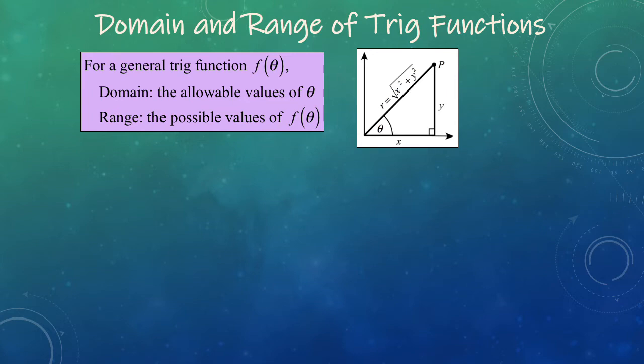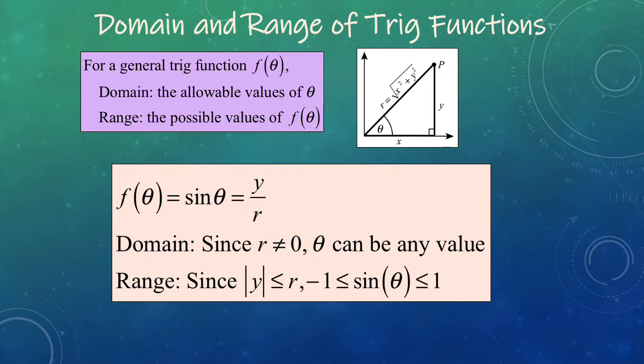So, when finding the domain and range of a trig function f of theta, we will define the domain as the allowable values of theta and range as the possible values of f of theta. Since trig functions of angles coterminal to theta are equal to the trig functions of theta, we will restrict theta to angles between 0 degrees and 360 degrees, or in radians 0 to 2 pi.